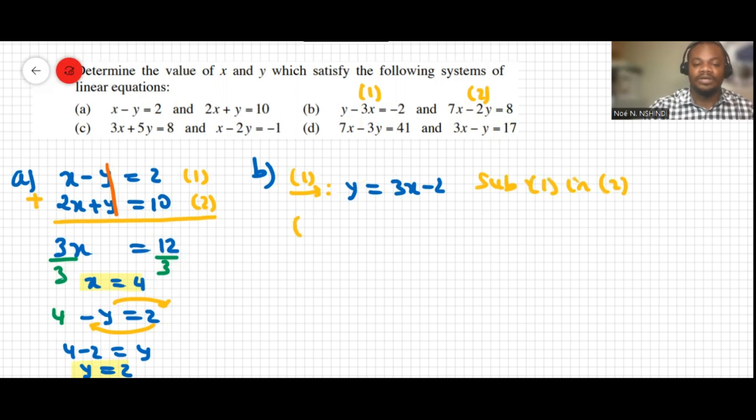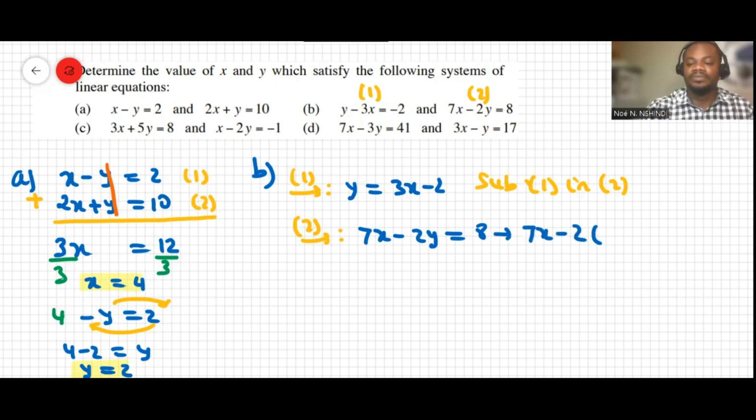From equation 2, instead of writing 7x minus 2y equal to 8, I'm going to write 7x minus 2, equal to 8, and instead of writing y, I sub in the value of y, which is 3x minus 2.